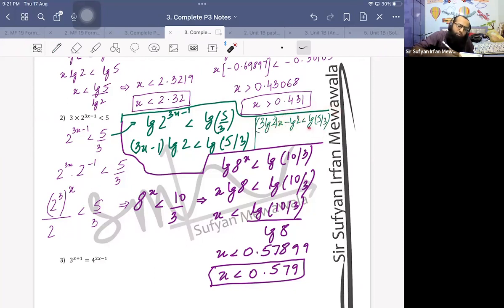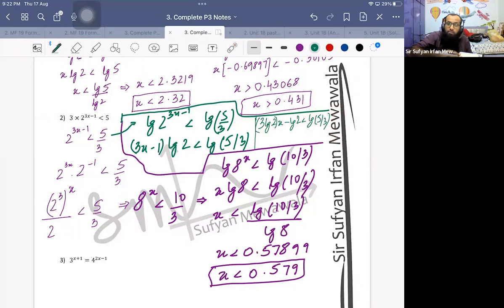So lg 5 upon 3 plus lg 2, divided by 3 lg 2. There is no space, so I'm not doing it, but ultimately my answer will be this. You can check. The answer is 0.579. Correct? So you can follow both the methods.